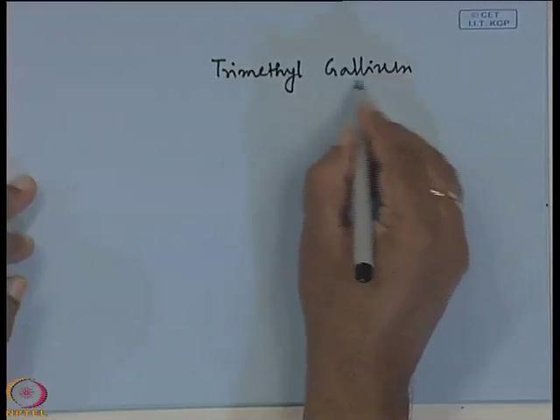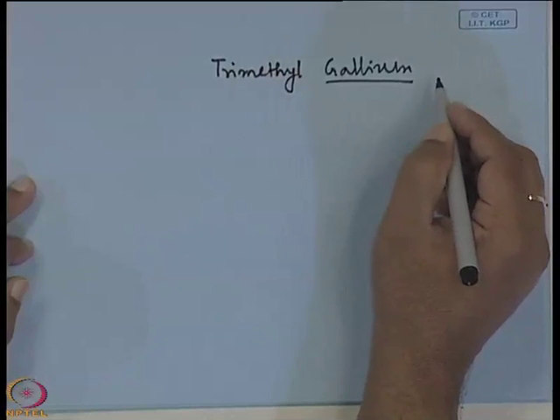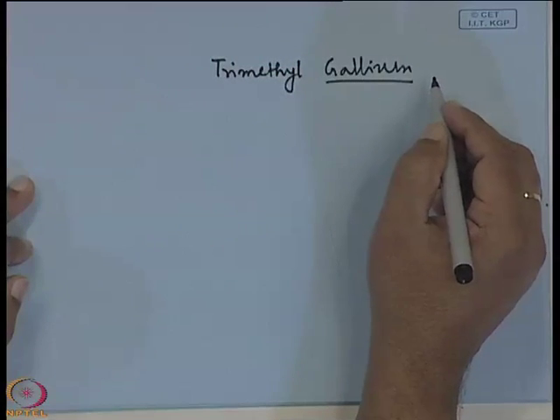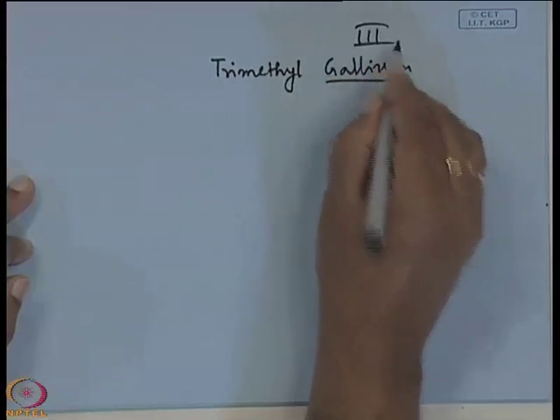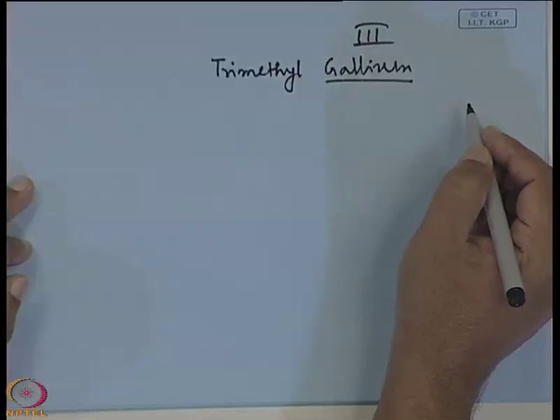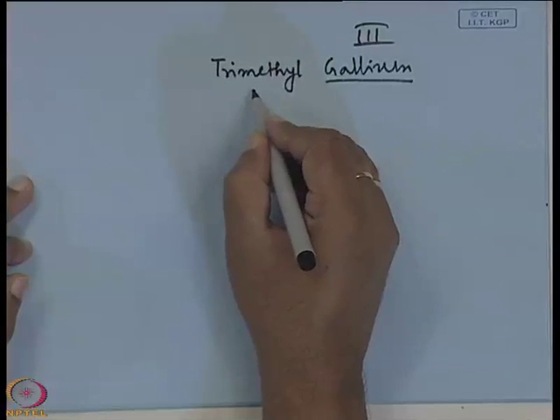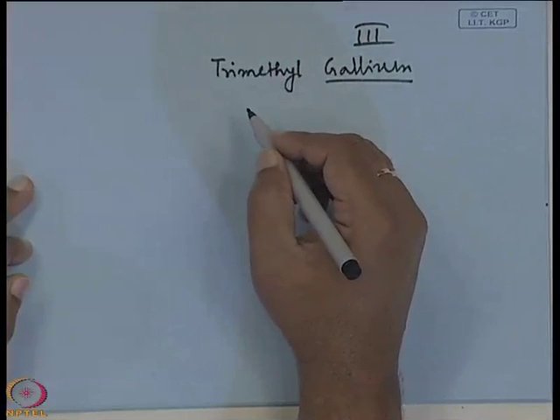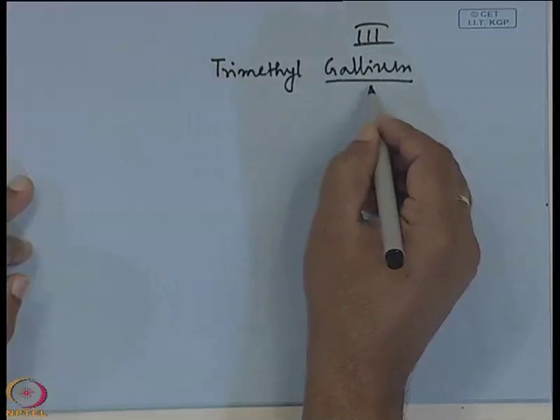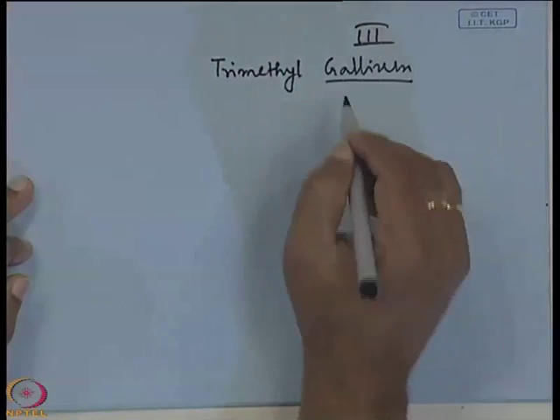Trimethyl gallium, that means gallium is a metal in group 3 of the periodic table, and trimethyl is the organic compound. So, trimethyl gallium is an organometallic.